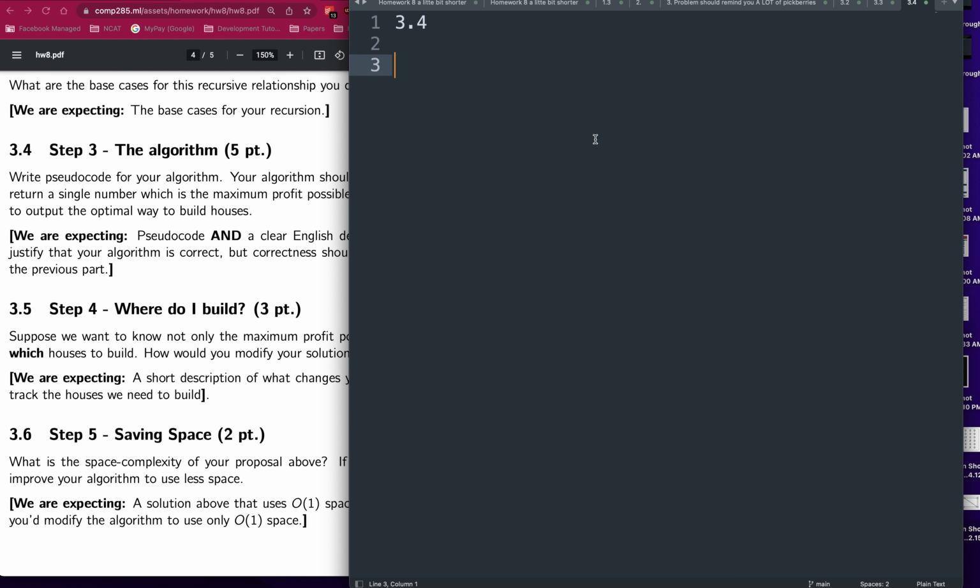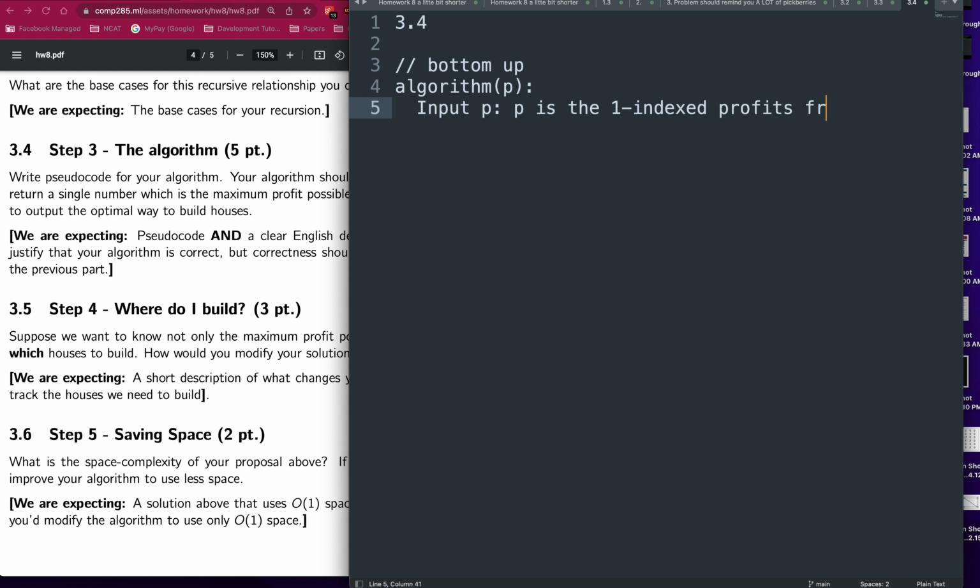So now that you're back, hopefully you thought about this and took a stab on your own, maybe you did the top down, maybe you did the bottom up. I'm going to do the bottom up. Top down is pretty easy too, actually easier I would say, but I personally want to practice bottom up. So you do your base cases first. Let's say the algorithm is given P, the input, which is the one-indexed profits from the house.